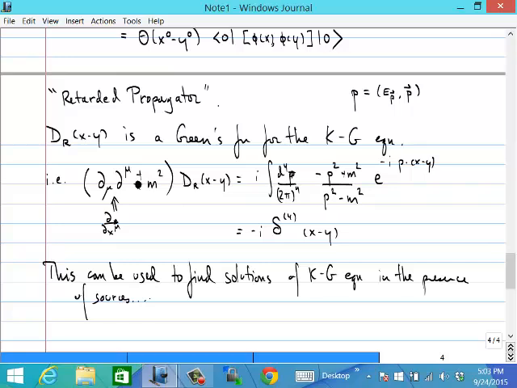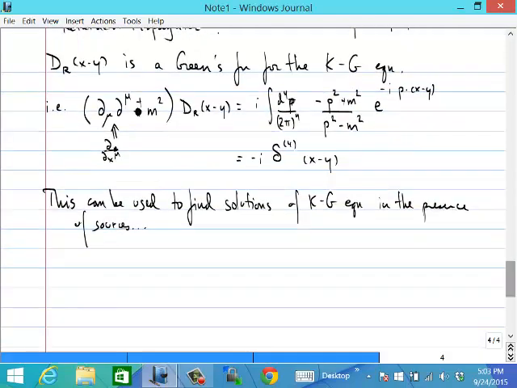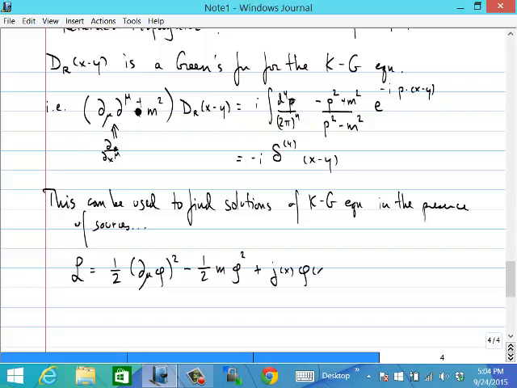So in particular, let's imagine that we were not studying the free scalar field as we have so far, but we were modifying it in some way. So here's our Lagrangian for the free scalar field. And let's imagine that we added another term to the Lagrangian that looked like that. So what does this look like?